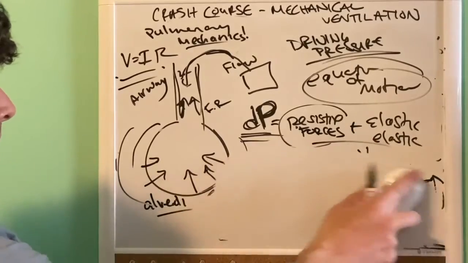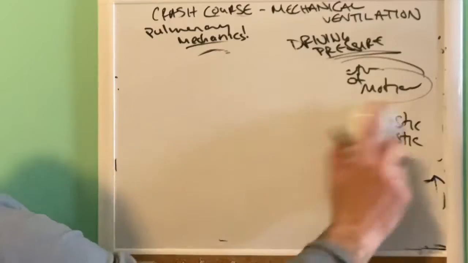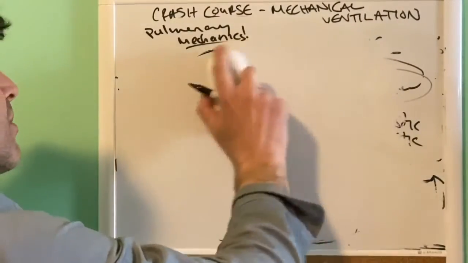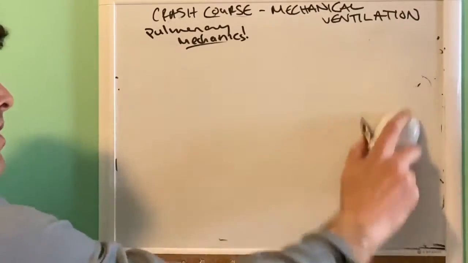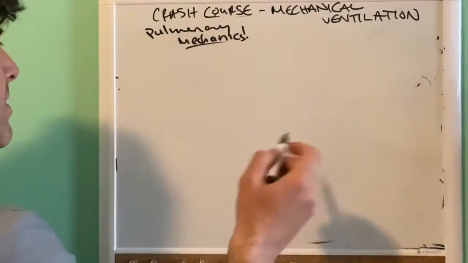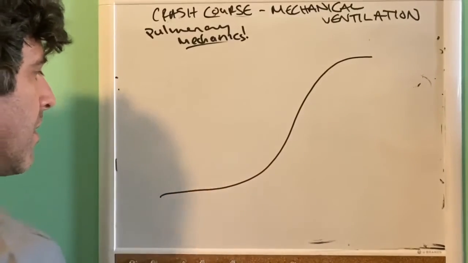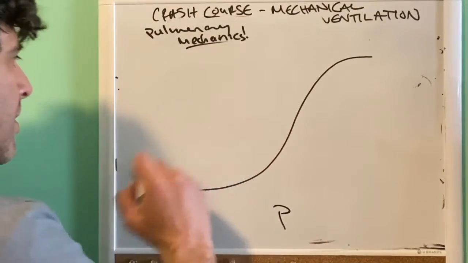Again, I want you to think about why a compliance would change when you increase a PEEP. And so this is the other very important aspect of pulmonary mechanics, and that is what you call the pressure volume curve. So this is pressure and this is volume.